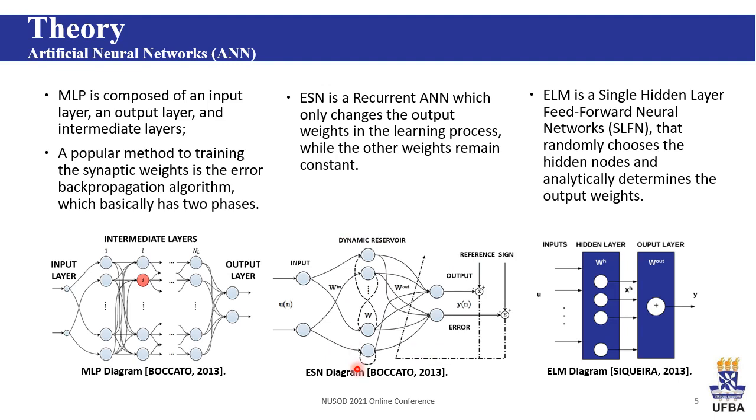The figure shows the dynamics of the ESN with its three layers: the input, the output, and the dynamic reservoir, where, unlike MLP, the output of a dynamic reservoir neuron can be an input of another neuron in the same layer, like this figure shows. And differently, ELM is a learning technique for a single hidden layer feed-forward neural network that randomly chooses the hidden nodes and analytically determines the output weights.